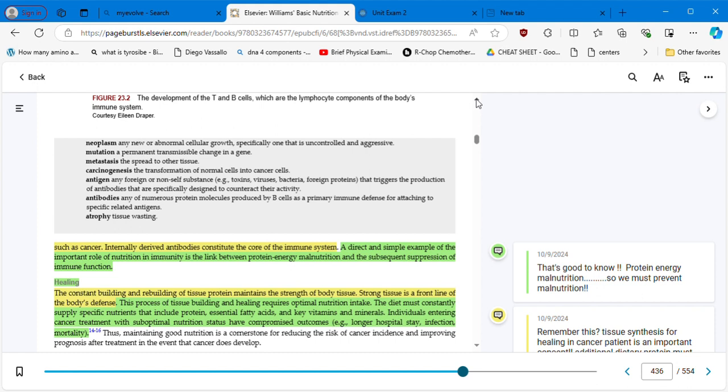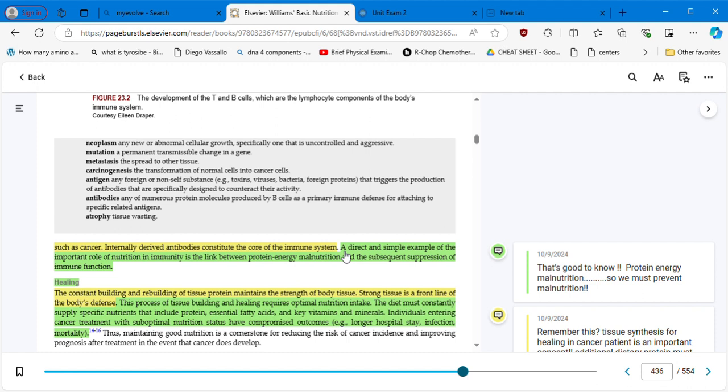So far, so good. Okay, so antibodies constitute the core of the immune system, because the antibodies are the ones that memorize who the antigens are. And right now that I know who you are, I'm going to start producing different factors to attack you next time I see you.